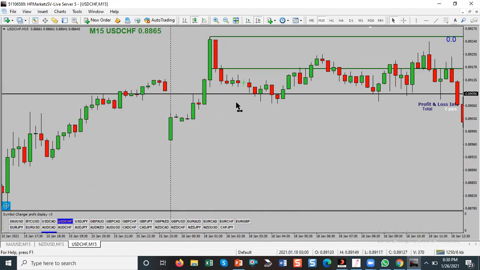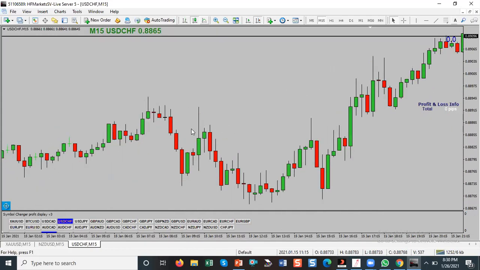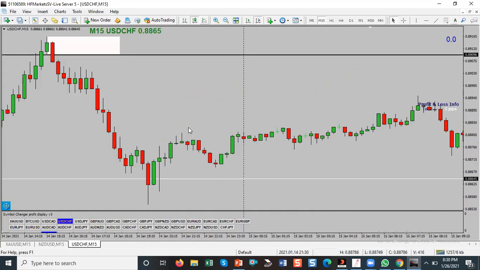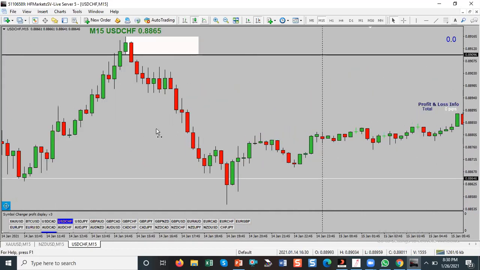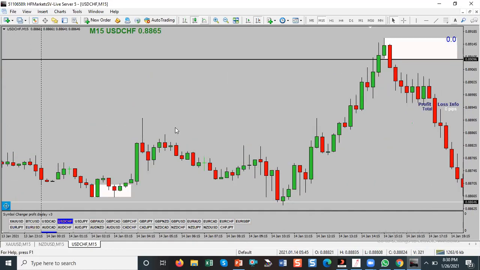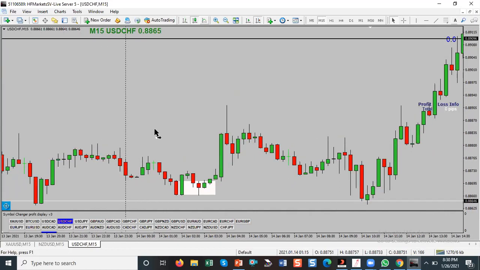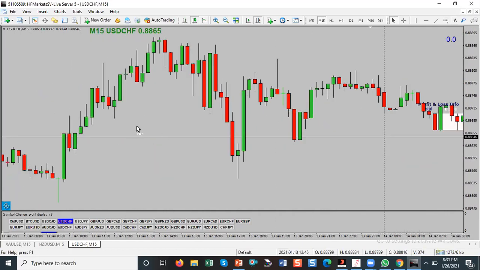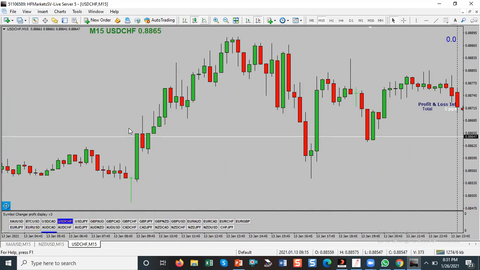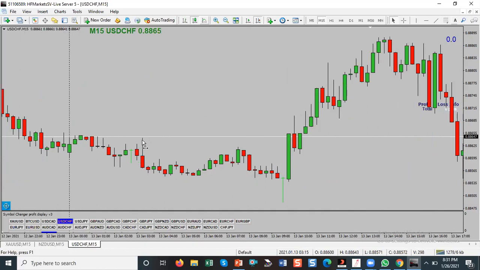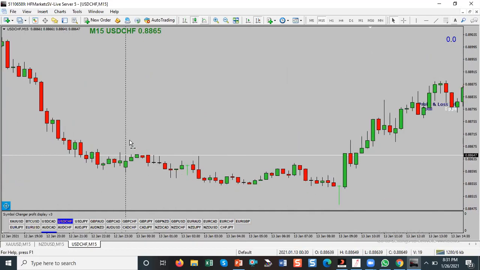Now, another type of order block that I want us to take note of. There is a situation where we will have two candles engulfing one single candle. We can consider it as an order block.